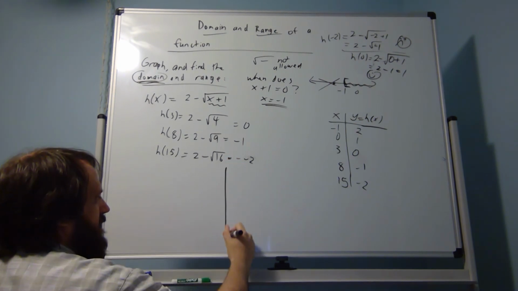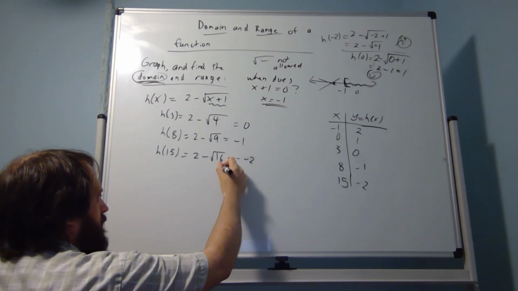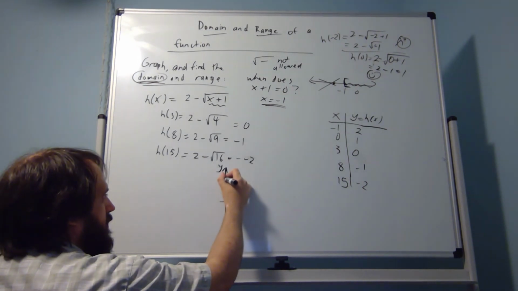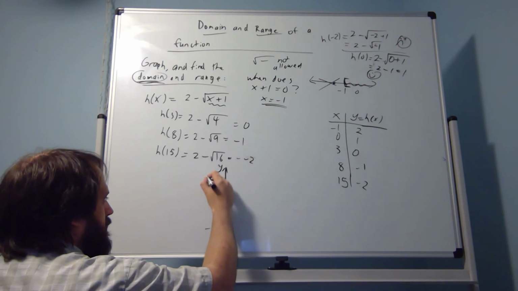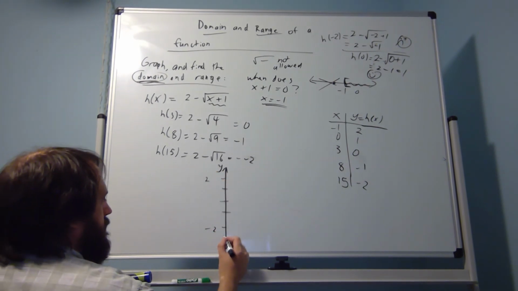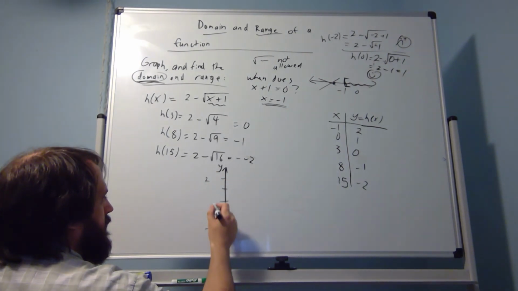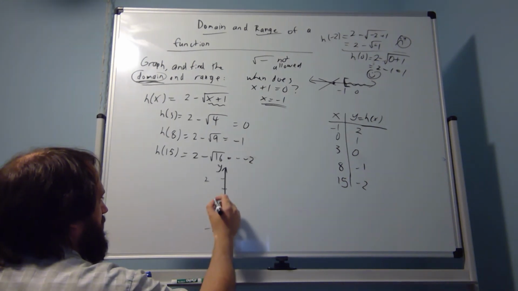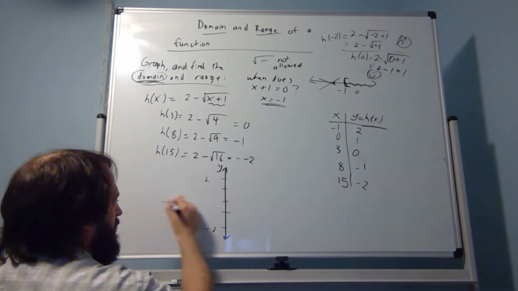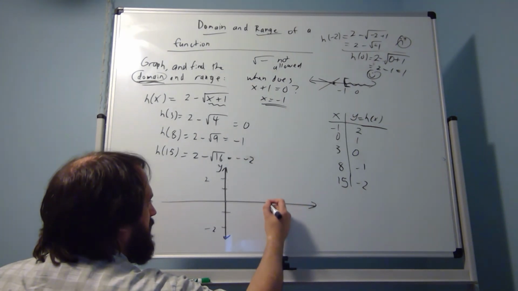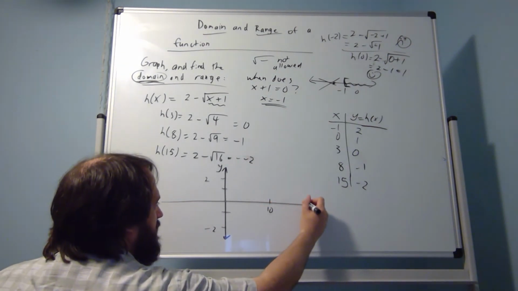What do we have? We have y values that only go from -2 to 2. And x values, they start at -1, but they go all the way out to, like here's 10.